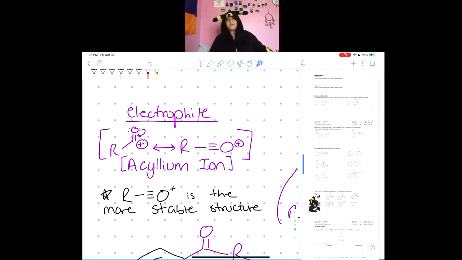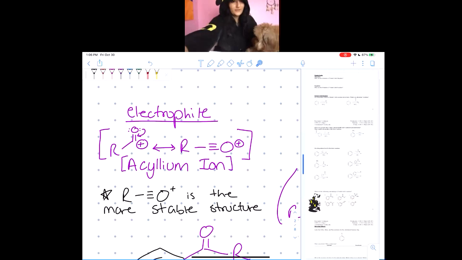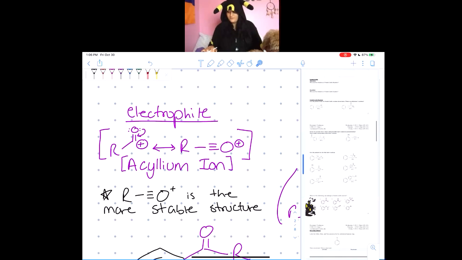So if he says, which of the following is the acylium ion, both of those are correct. But if he says which of the following is the most stable version of the acylium ion, we have to pick this, because the charge is on the oxygen instead of on the carbon. Cool.